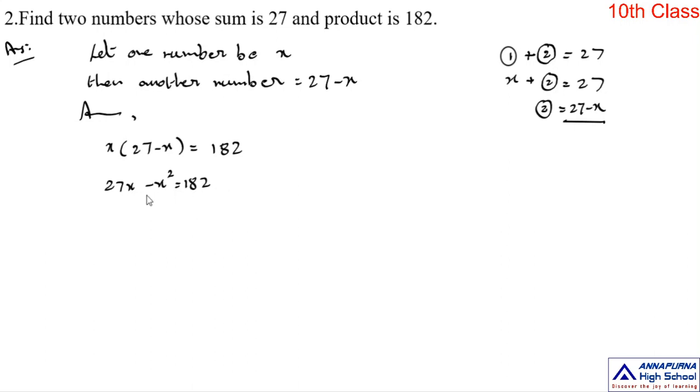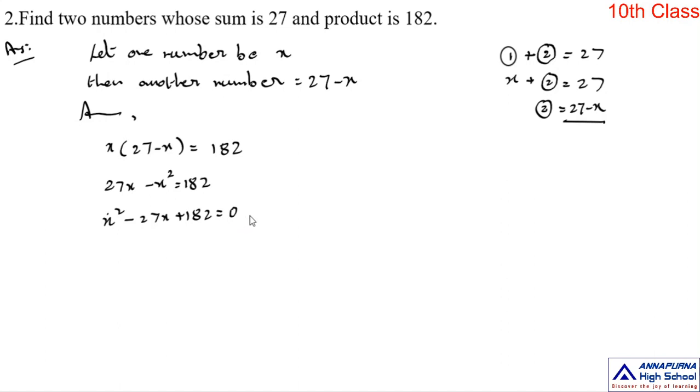Transpose all the terms to the right side. Minus x square becomes plus x square, and plus 27x becomes minus 27x, and on the other side we have 182 is equal to 0. Now this is the quadratic equation, x square minus 27x plus 182 is equal to 0.